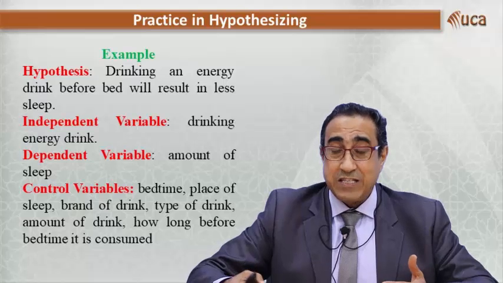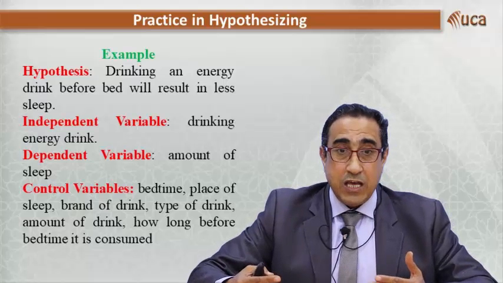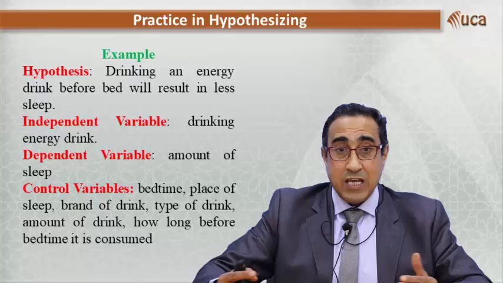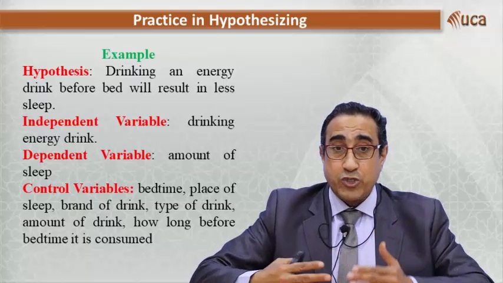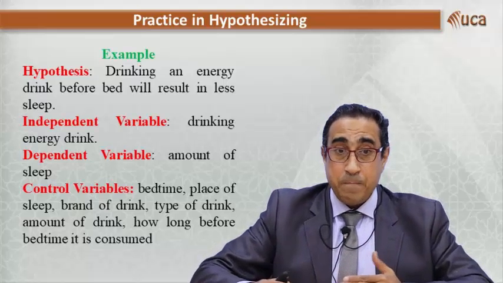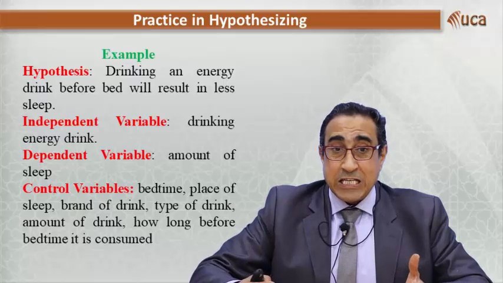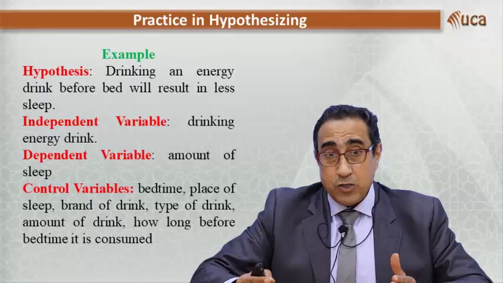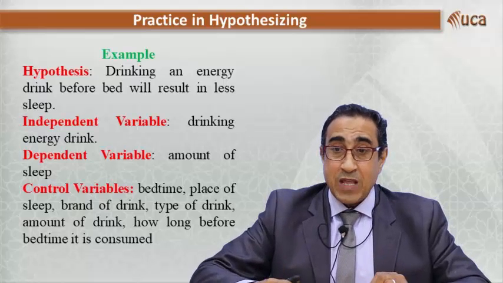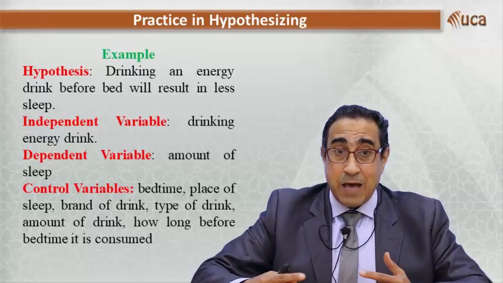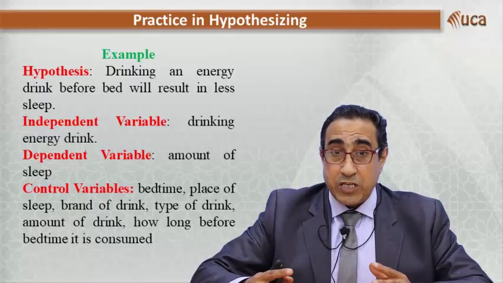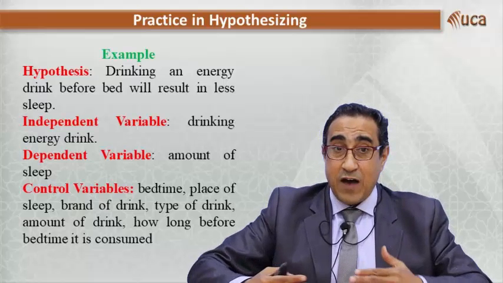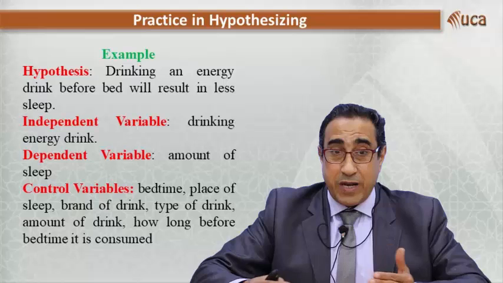The independent variable is drinking the energy drink, which the researcher can change. Then the dependent variable is the amount of sleep. So the researcher will study the amount of sleep the person has after drinking the energy drink.